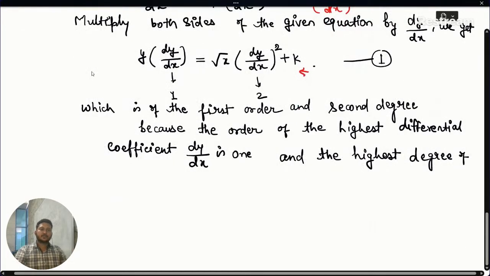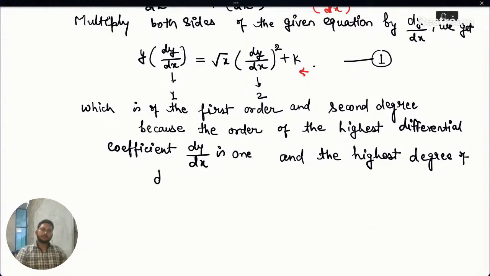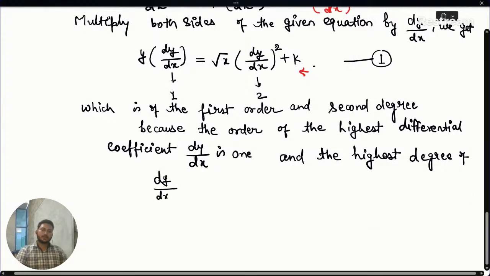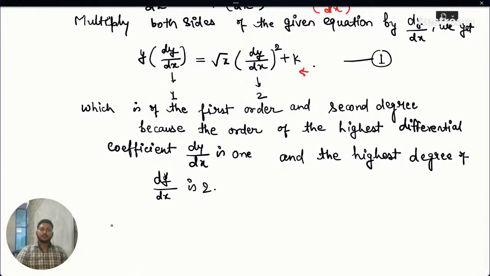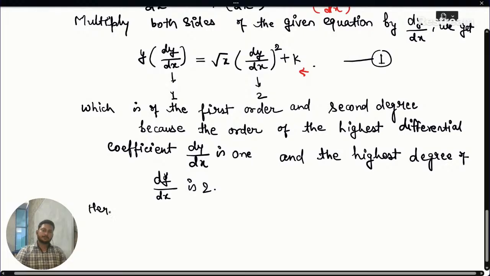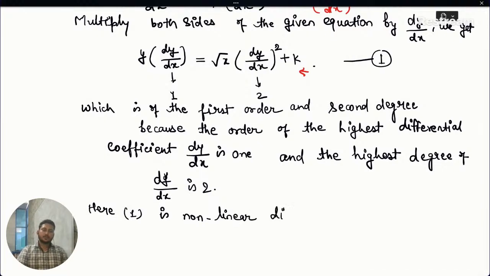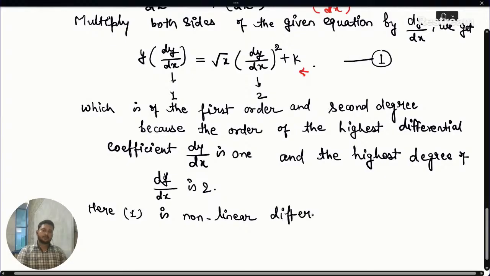Okay, degree of dy by dx is 2. So here the equation is non-linear. Why? This is a non-linear differential equation.